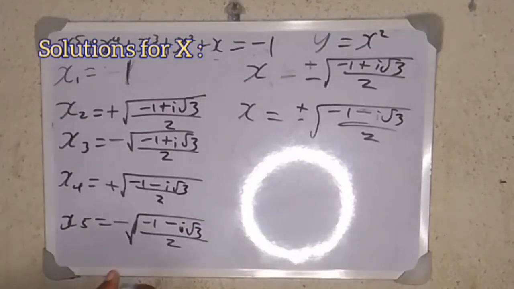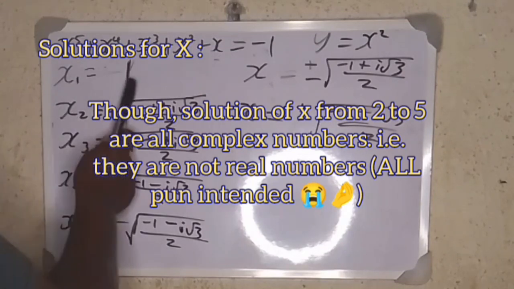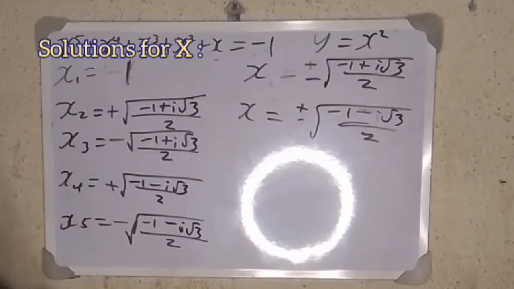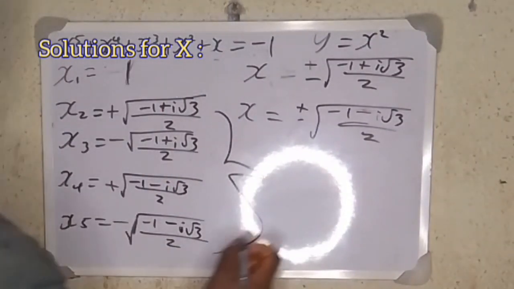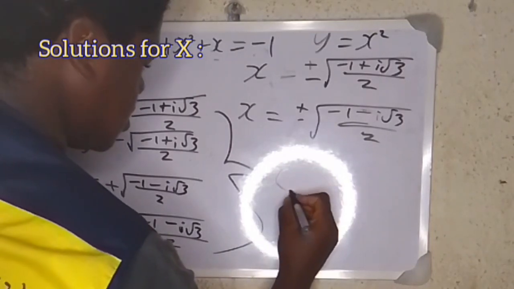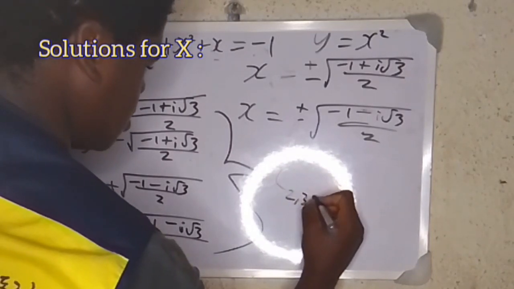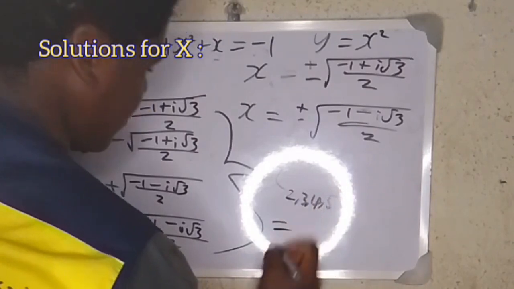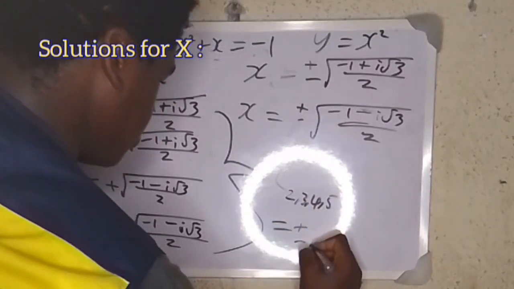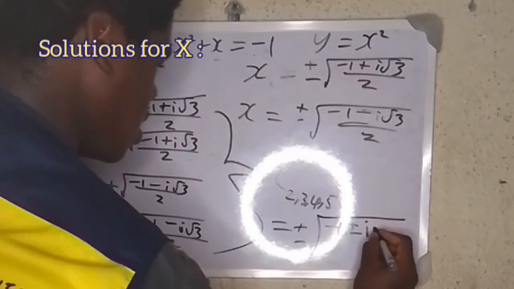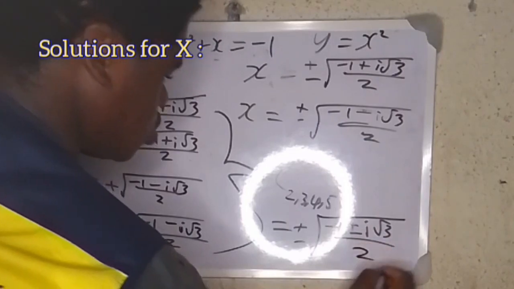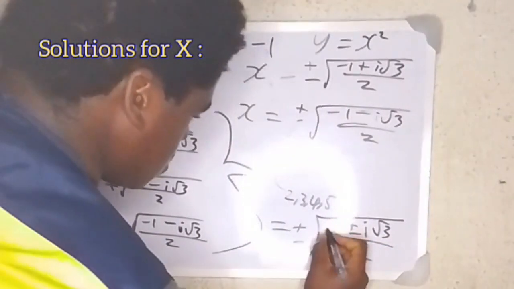So basically, these are our 5 solutions for x that work in the question. So x could be negative 1, or this, or this, or this. But all these can be simplified by just saying that x from 2, 3, 4, and 5 is equal to plus or minus the square root of (-1 ± i√3)/2.